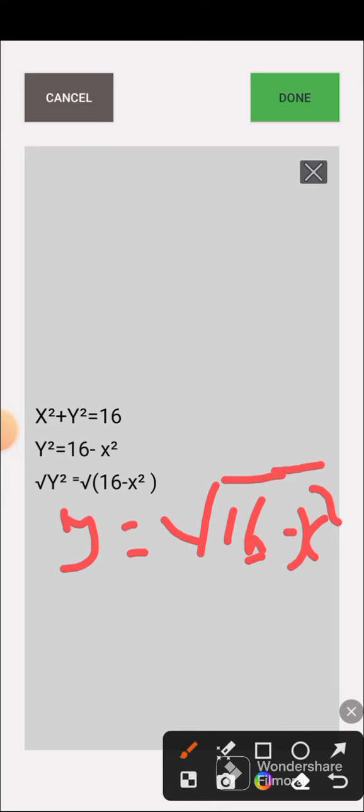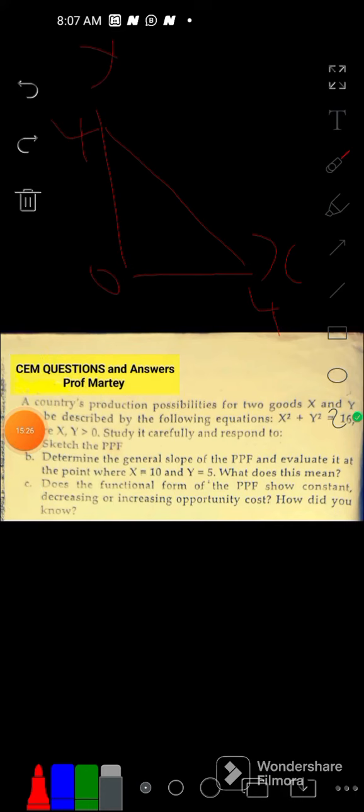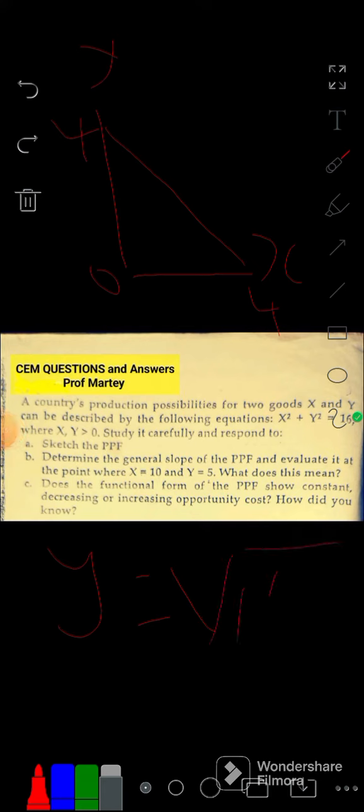Our y is equal to the square root of 16 minus x squared. Let us put our y here: y is equal to the square root of 16 minus x squared.